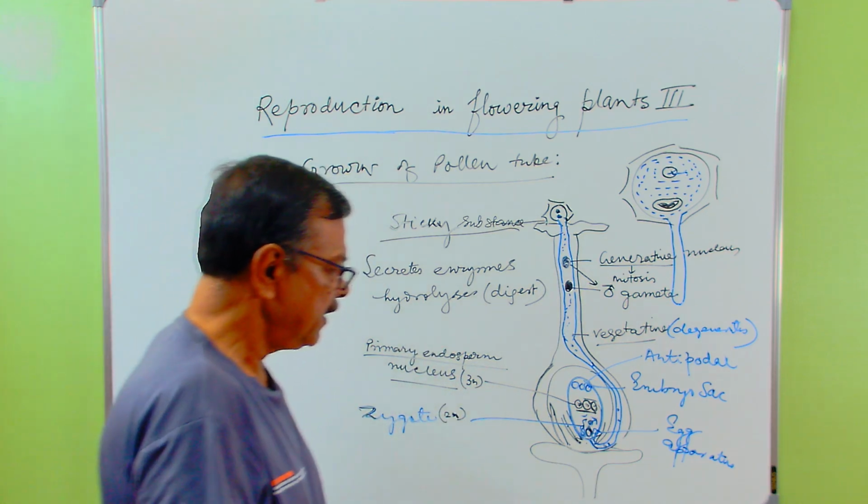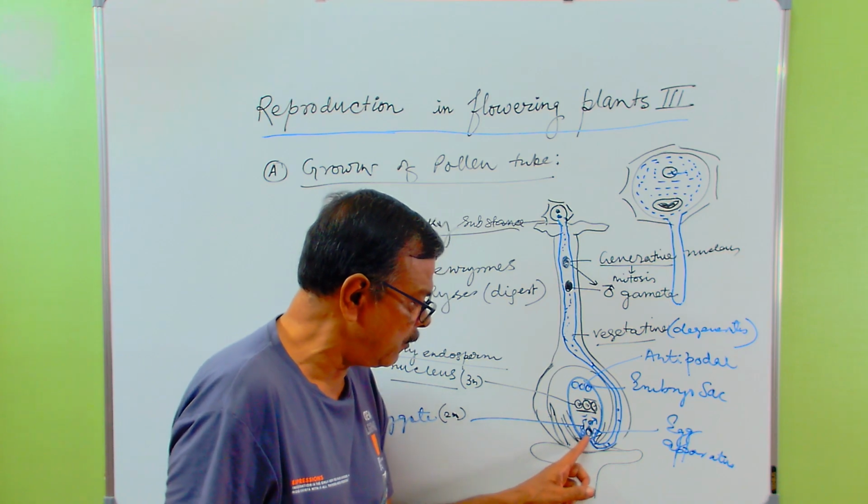This is endosperm. It supplies the food of this zygote.